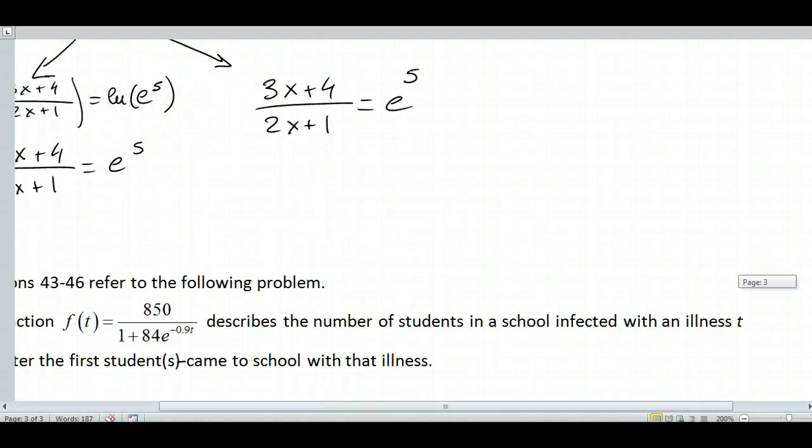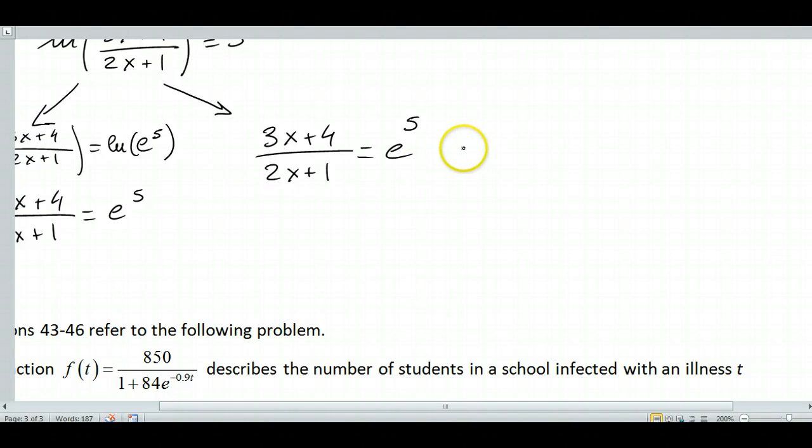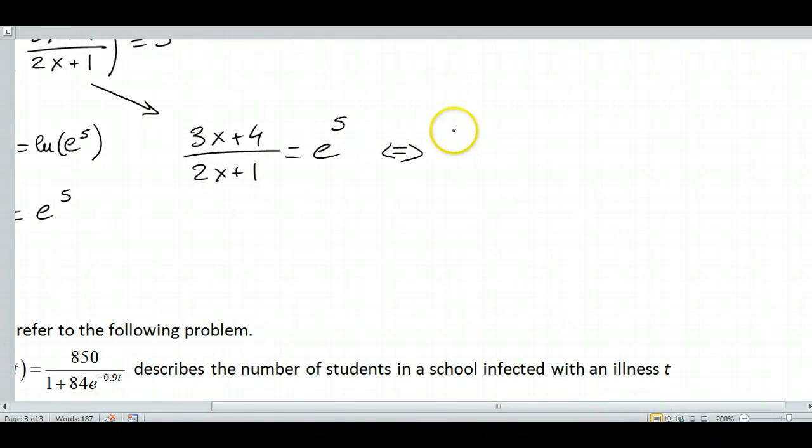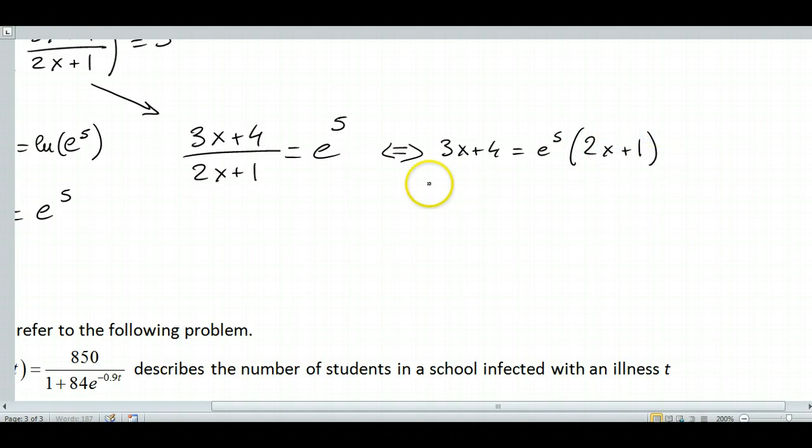All right, let me pick it up from here. I've got to solve for x. This is exactly the same procedure as in the multiple choice answer when you had to find the inverse of the function. Okay, you had a y right here. It's exactly the same procedure. So let's do it. 3x plus 4 is equal to e to the 5 times 2x plus 1.